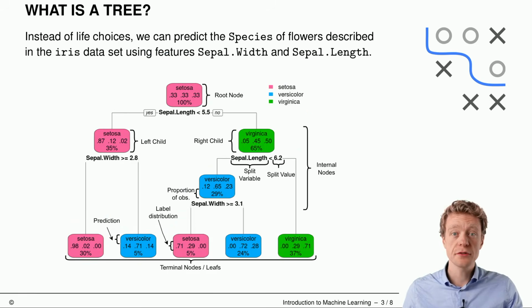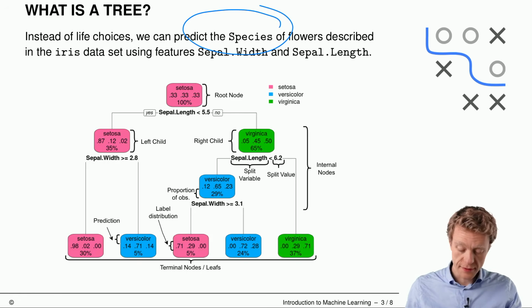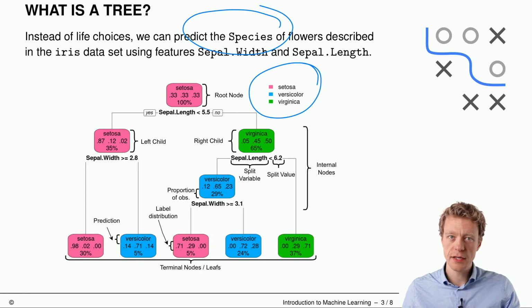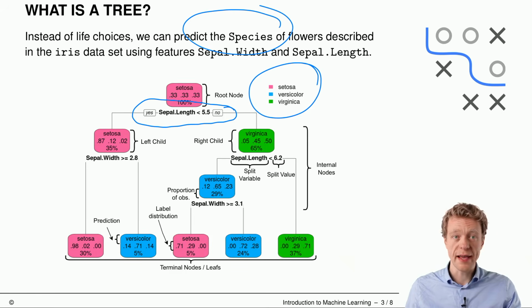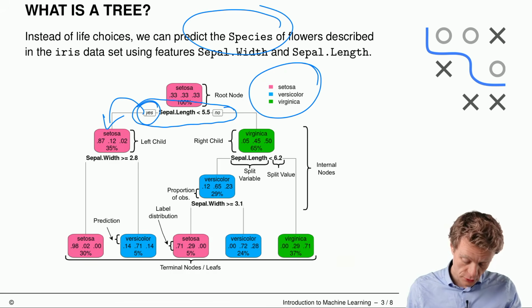The classification and regression tree does exactly the same thing. We have always binary splits, and here we have an example of the iris dataset where we try to predict the species of a flower which has three classes: setosa, versicolor, and virginica, and we use features sepal width and sepal length. And also here you perform binary decisions. The first decision is, in this example, based on the feature sepal length, and if this feature is smaller than 5.5, then you go to the left side.